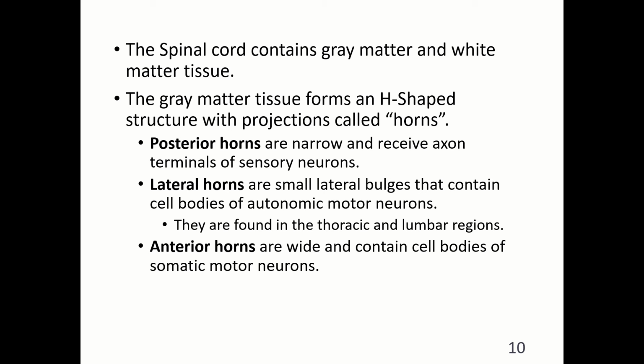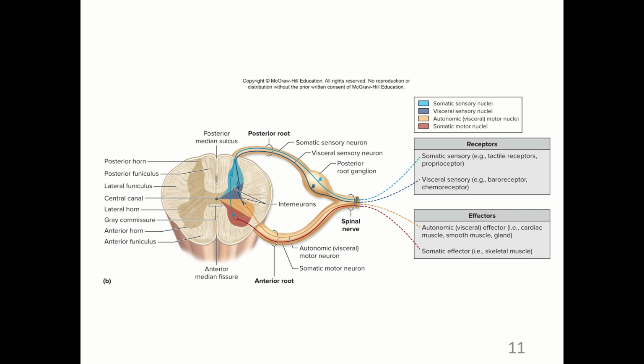Recall that autonomic motor neurons will send motor information to organs and glands. Somatic motor neurons will send motor information to skeletal muscles. This illustration shows the gray matter tissue of the spinal cord, and it has that H-shaped appearance.